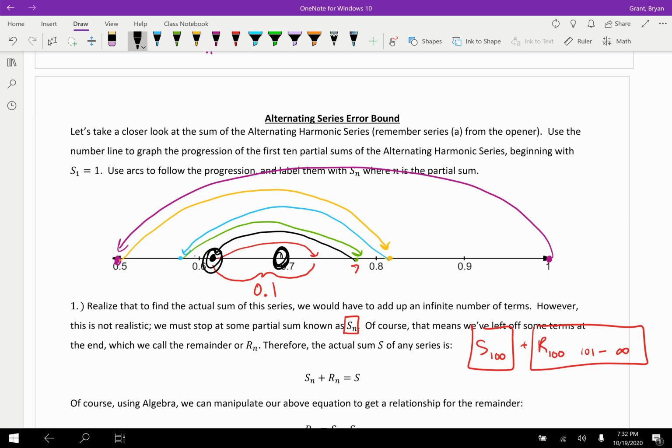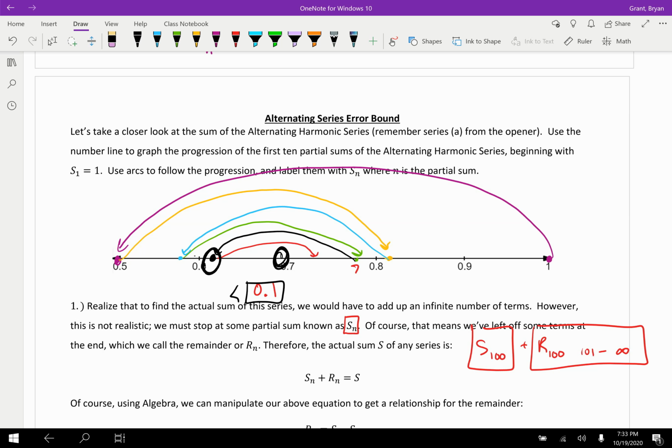In fact, if adding 0.1 pushes it past where we're supposed to be, then whatever this term is before I add this next term, the distance from here to the actual value is less than or equal to 0.1. It's less than or equal to the next term. For all intents and purposes it's really less than, because the next term is always going to push us too far. But we say less than or equal because eventually there has to be a term that brings us exactly to the infinite term. But whatever the next term is will always push you too far.